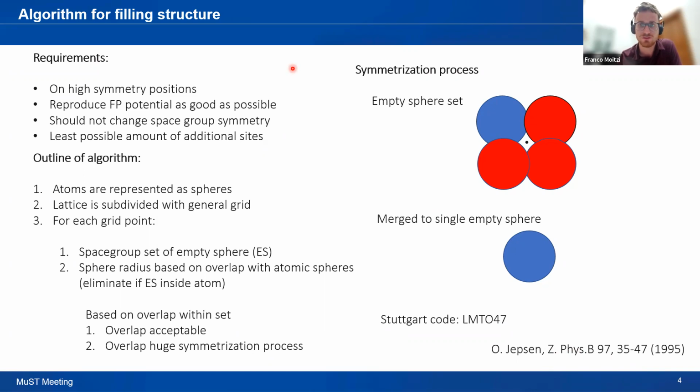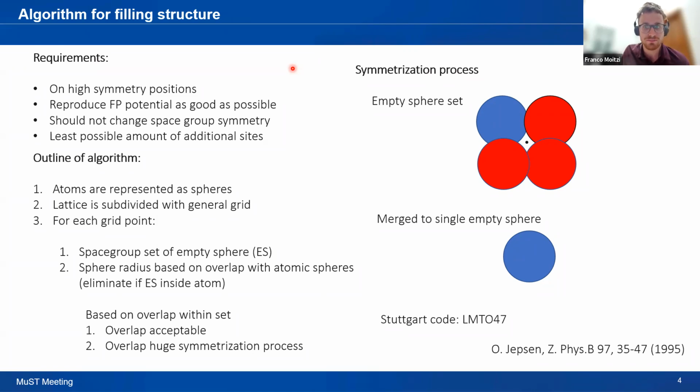And ideally, one should also minimize the number of additional sites that one places in a structure. And if one also wants to make an automatic algorithm that does all of these things, one should place the sites in a way that doesn't change the space group symmetry, because this can cause potential artifacts in the electronic structure.